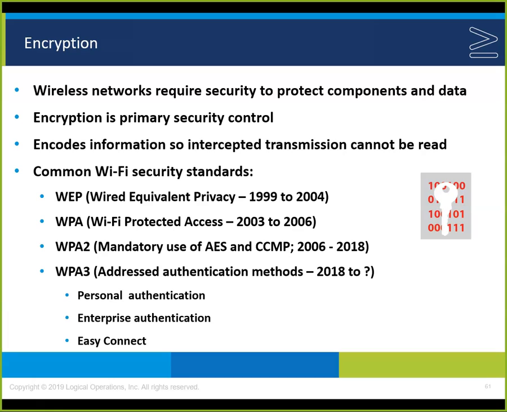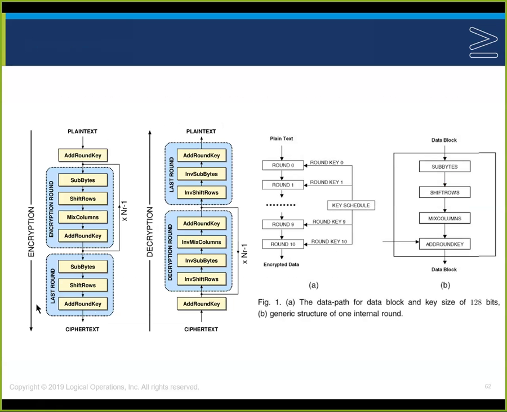WPA2, AES, the Advanced Encryption Standard, CCMP replaced TKIP, so it's going to replace these. WPA3 is the latest, and this is improvements over WPA2. AES is still the encryption protocol. This is put in here to give you an idea of what happens with this thing.